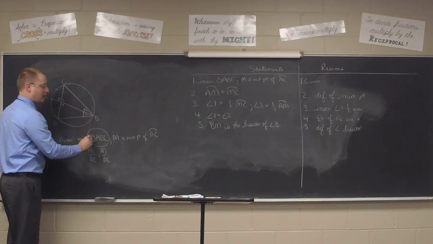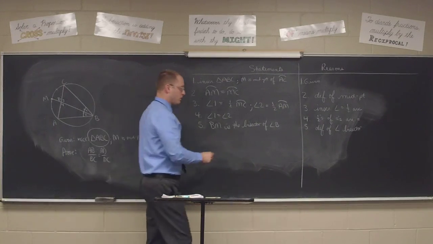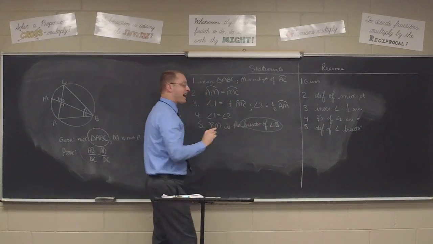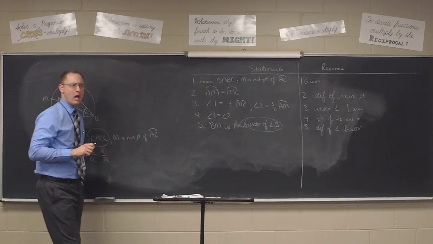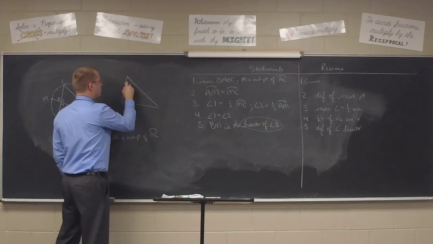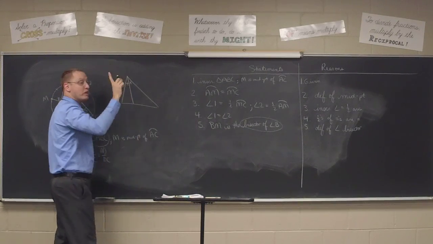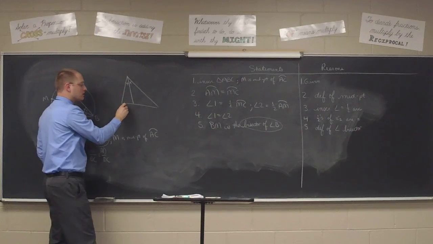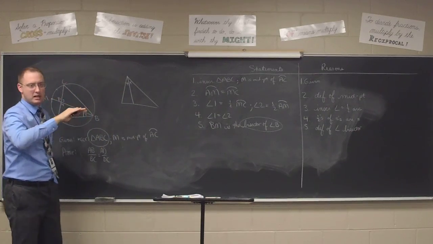We have a triangle with an angle bisector. I was thinking that earlier. Anytime we have a triangle in which an angle has been bisected, we know that it bisects the base? No, that would be an isosceles triangle.